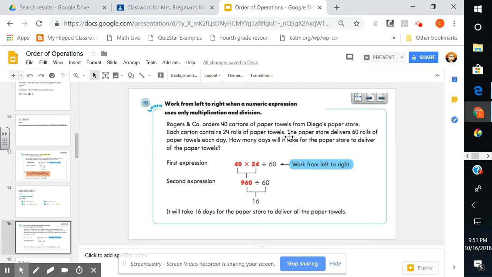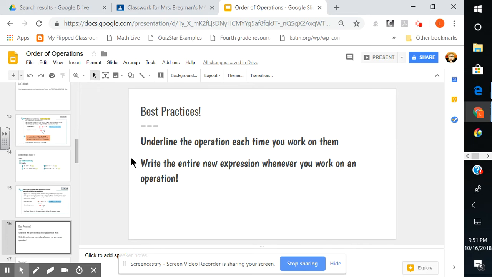So just write the example. I'm not worried about the word problem part yet. We will be doing a lot of those in the classroom. Underline the operation each time you work on them, and always write the entire new expression whenever you work on an operation. So you just keep bringing it down till you complete everything.